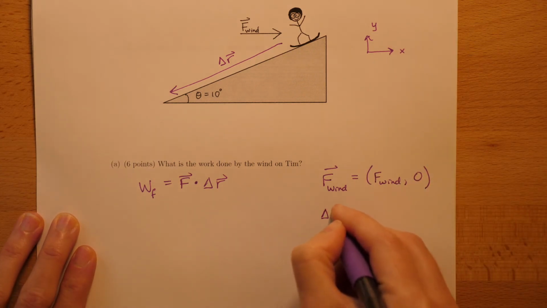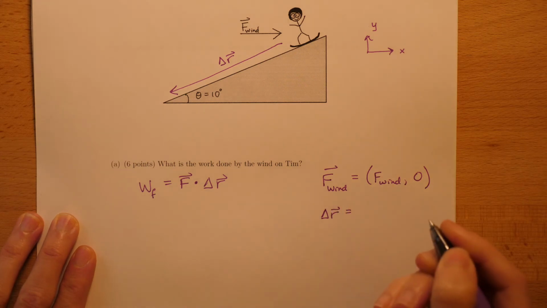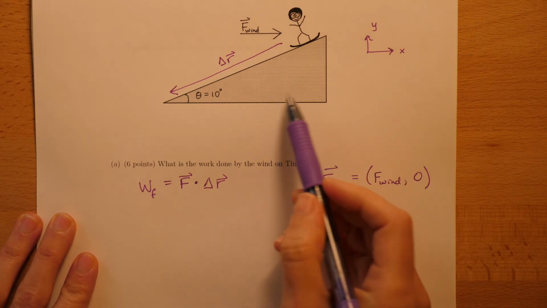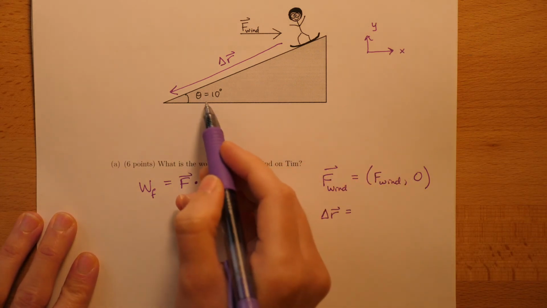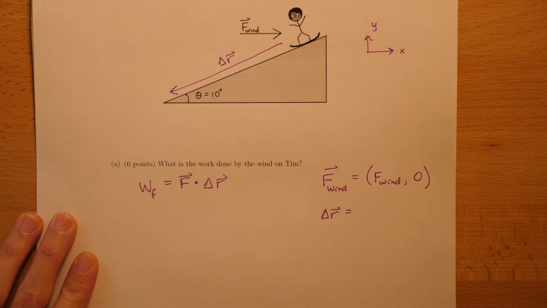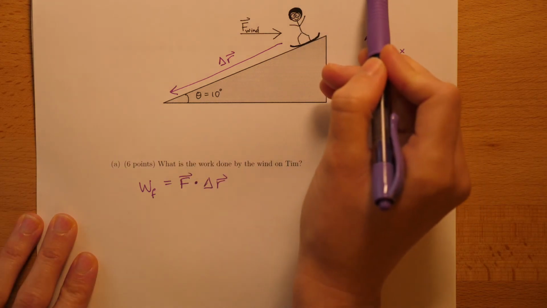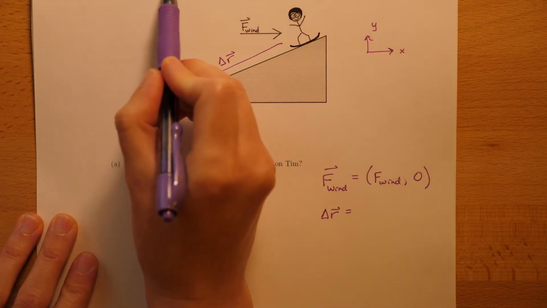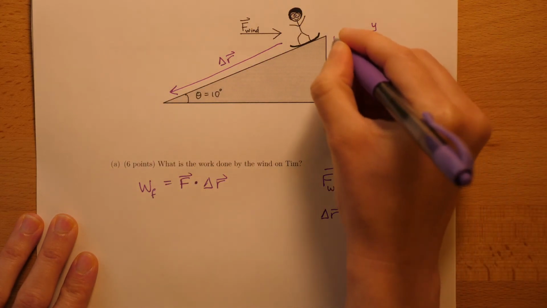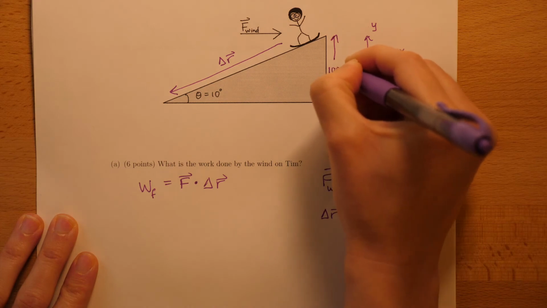So what's our delta R? Well, what do we know about this triangle? So we know that this angle is 10 degrees. And we know that he travels to an elevation 100 meters below where he began. So that means that this distance here is 100 meters.